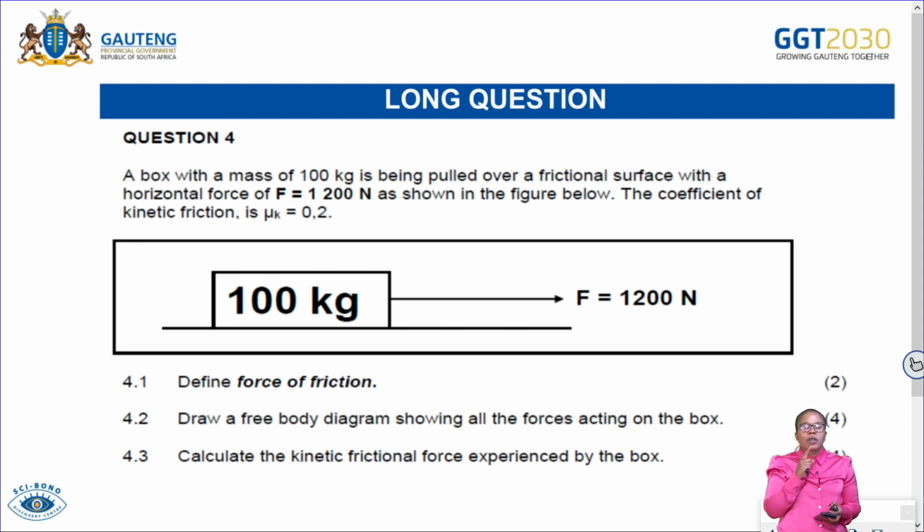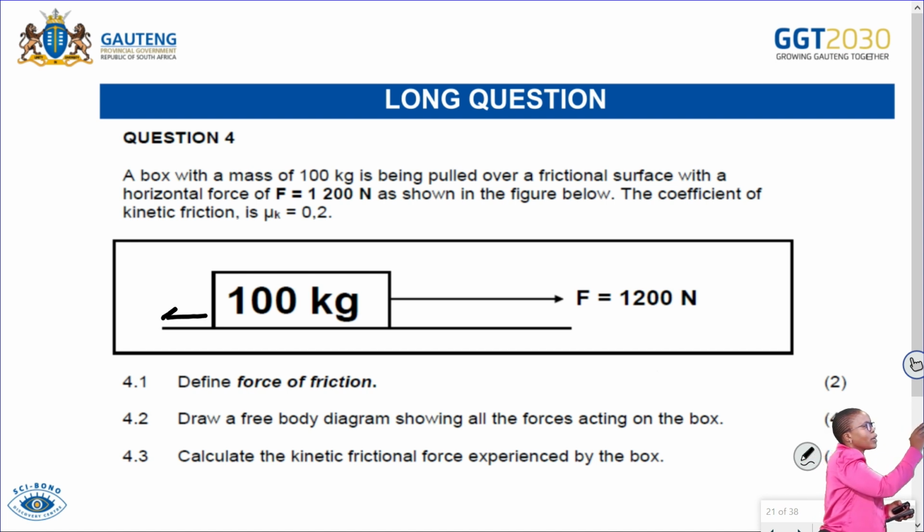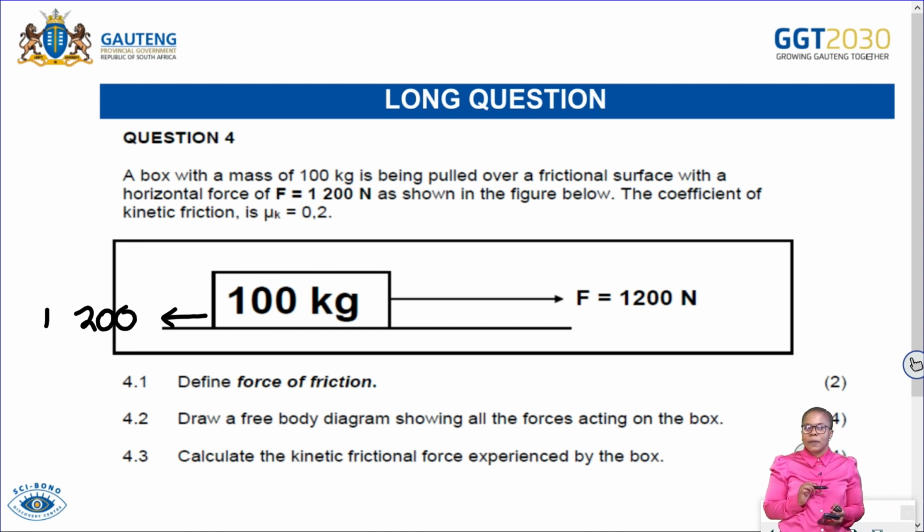If the object is moving at a constant velocity, that means the magnitude of the forces on either side are equal. So you have 1,200 and all the forces that are acting on it are equal. So if this object were to move at a constant velocity, that means even the frictional force in this direction will also be 1,200. Okay, because forces on the left will be equal to the forces on the right.